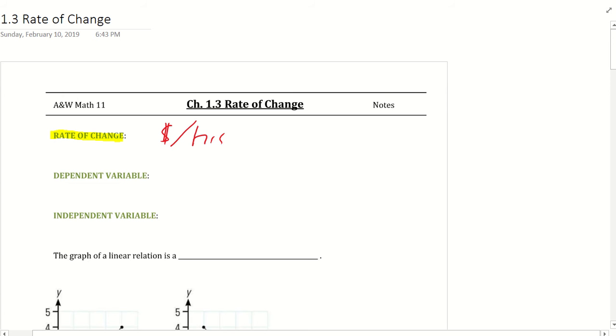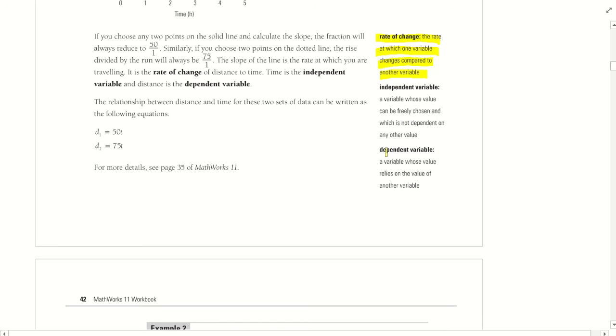The next word that we have here is dependent variable. When we look at the notes, dependent variable is a variable whose value relies, and that's the key word right there, because it's dependent. If you depend on something, you rely on it. It relies on the value of another variable.